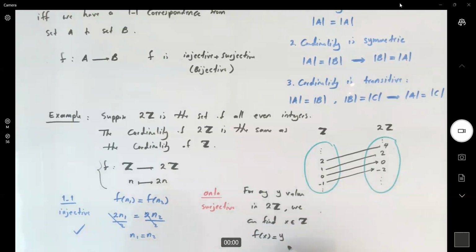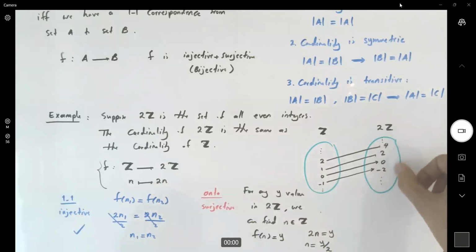Well, that's easy. Why is that? You can just define it as 2n. This n, this x, let's write n since we used n everywhere. This n is equal to y divided by 2. All of these are multiples of 2. So you can simplify that.